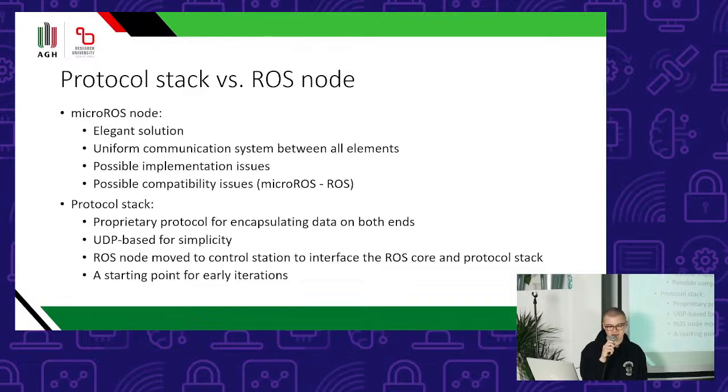It's a good starting point for early iterations, for earlier versions, because it's easier to debug and easier to work with, especially when we just want to have our robot working with very basic capabilities, with very basic tasks, like just turn on some thrusters, and that's all.